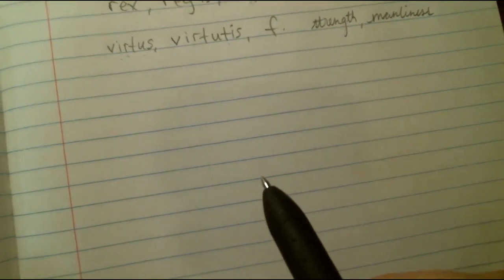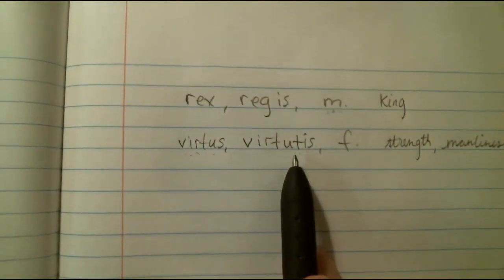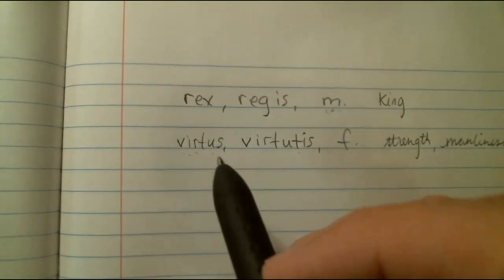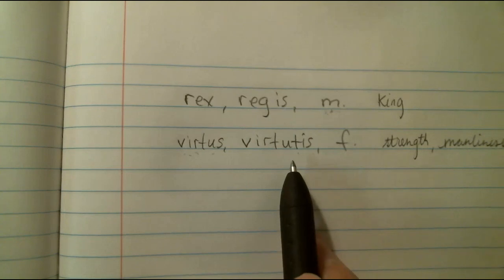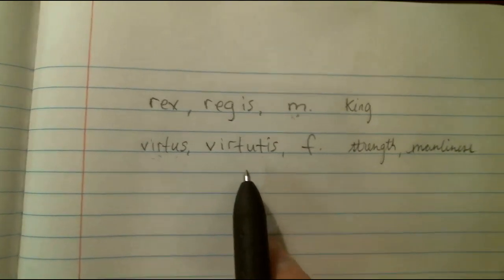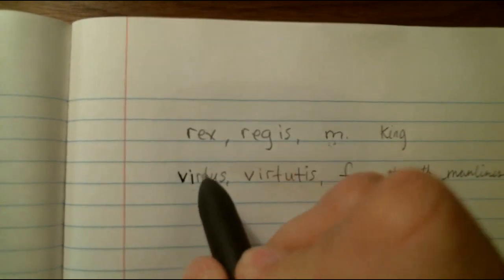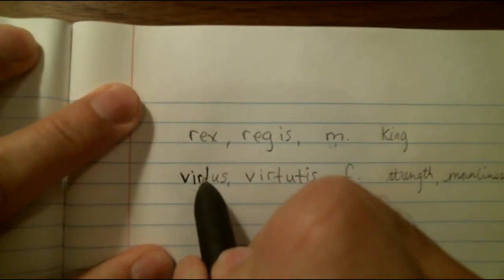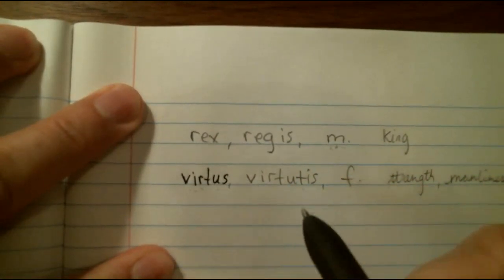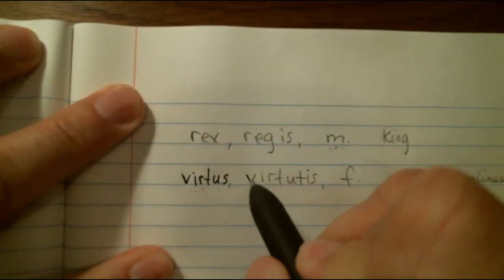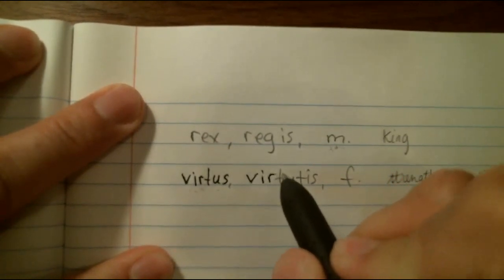So I already did virtus, virtutis, okay? I'll go ahead and trace it with the pen so you can see it a little better. So there's virtus, its nominative form, and then you have your genitive form, virtutis.